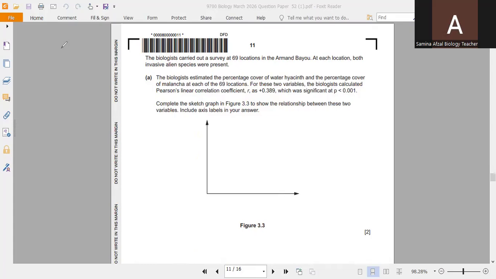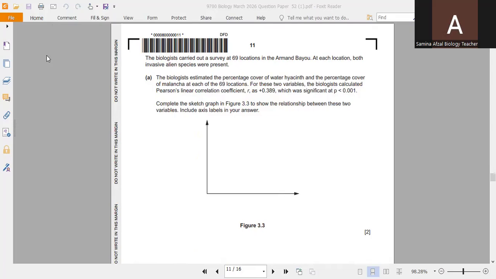For these two variables, the biologist calculated Pearson's linear correlation coefficient r as plus 0.389, which was significant as P less than 0.001.